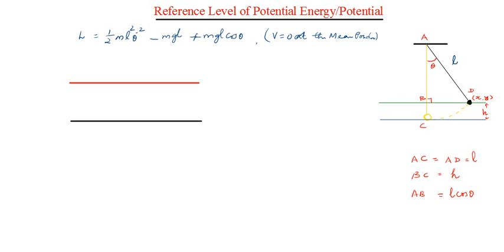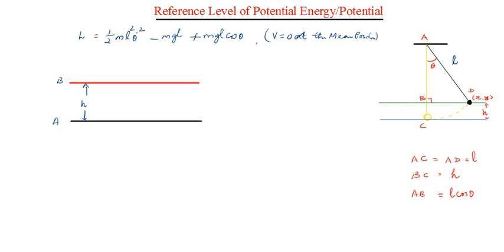So let me make it clear. Let me consider two reference positions. Let me call this position A and this position B, and let them be separated by a height h. Let's consider these two to be two different positions in the gravitational field separated by a height h.